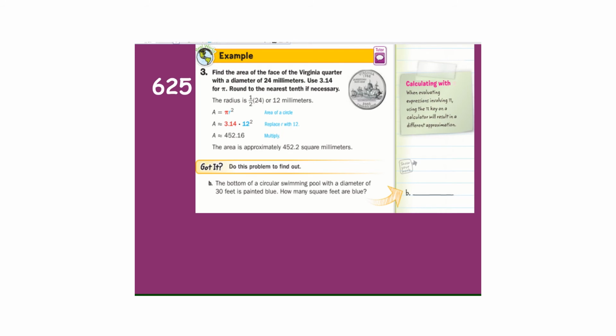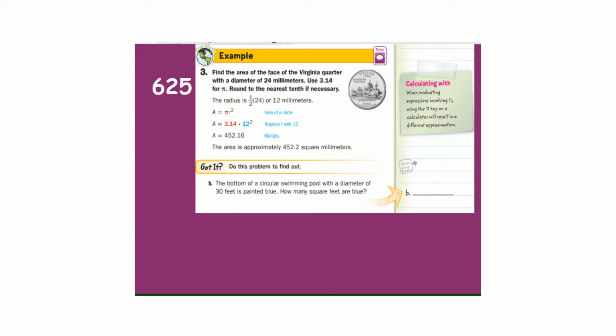Number 3, find the area of the face of the Virginia quarter. So the area of the face. The diameter is 24. So what is our formula? Pi r squared. We don't want the diameter. So if the diameter is 24, the radius is 12. So it's pi times 12 squared.